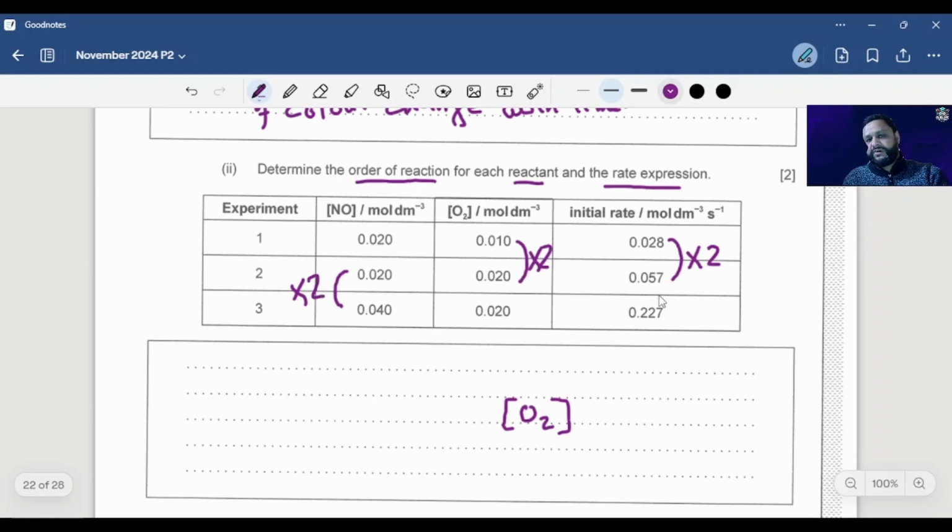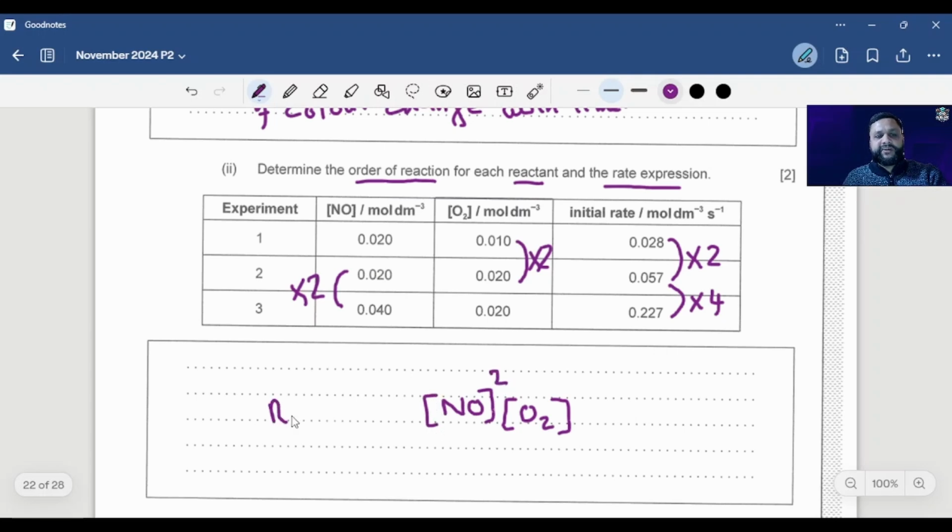And if we look, the initial rate changed by a factor of 4, so it's quadruple. So we can say with respect to NO is second order, so the molar concentration of NO to the square.